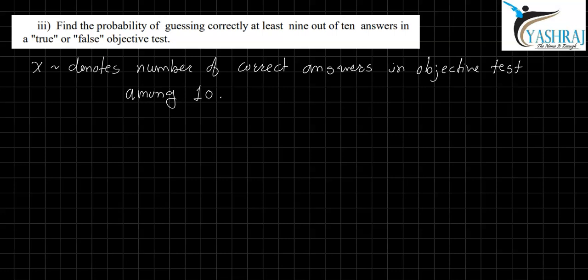Among 10. So x follows binomial distribution of n comma p, where n equals 10.